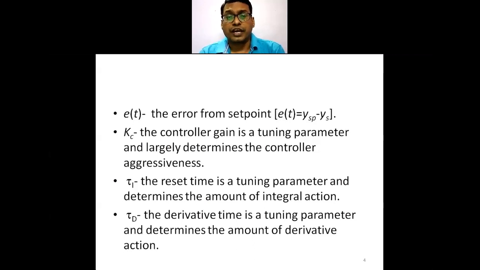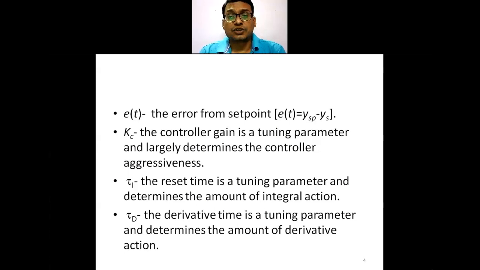However, the integral time determines the amount of integral action. And the derivative time determines the amount of derivative action needed for that system, because every system will have a different behavior.